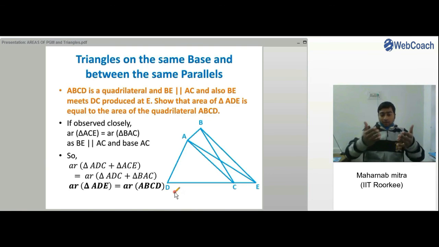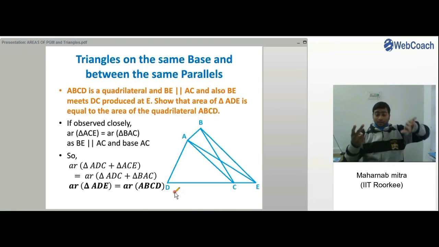If we see the question given, we have to show area of triangle ADE equal to area of quadrilateral ABCD. For both of them, the common part is triangle ADC, and if we take the rest of the parts, we are left with two triangles which are ACE and BAC. We are left with these two triangles.